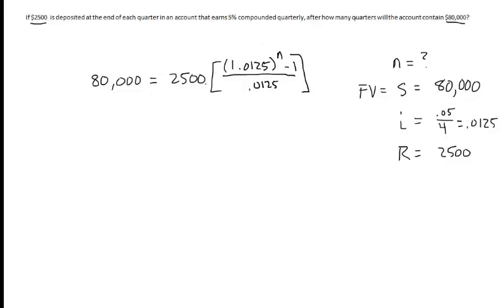And then I'm going to divide both sides by 2,500 and multiply both sides by 0.0125. Or you could also think of it as multiplying this entire thing by 0.0125 divided by 2,500. And that would clear 2,500 and 0.0125 from the right side of our equation, and we multiply that number by 80,000. And when we do, we get 0.4 is equal to 1.0125 to the n minus 1. Add 1 to both sides.